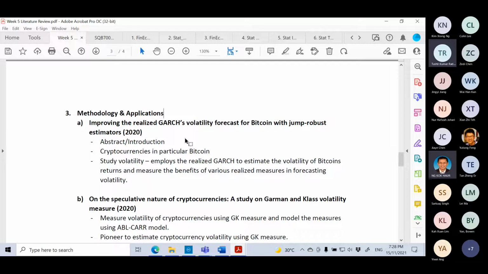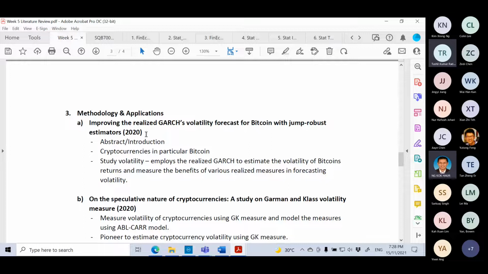Okay, so in the third section, I will say methodology and application together, because the selling point of this paper is that they try to improve the realized GARCH volatility forecast for Bitcoin with the jump robust estimator.